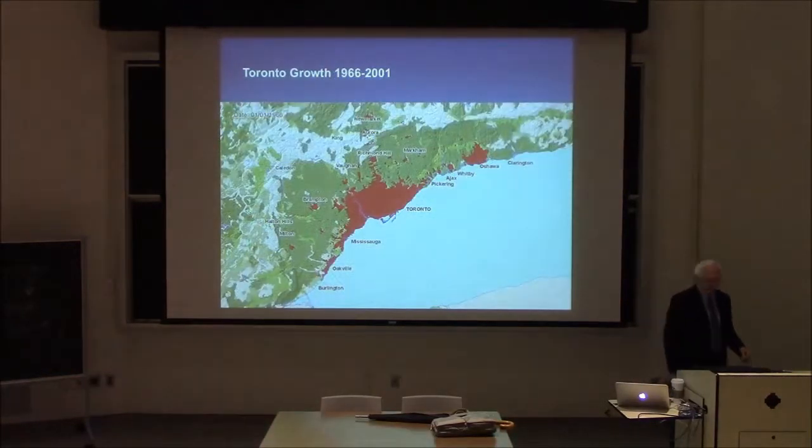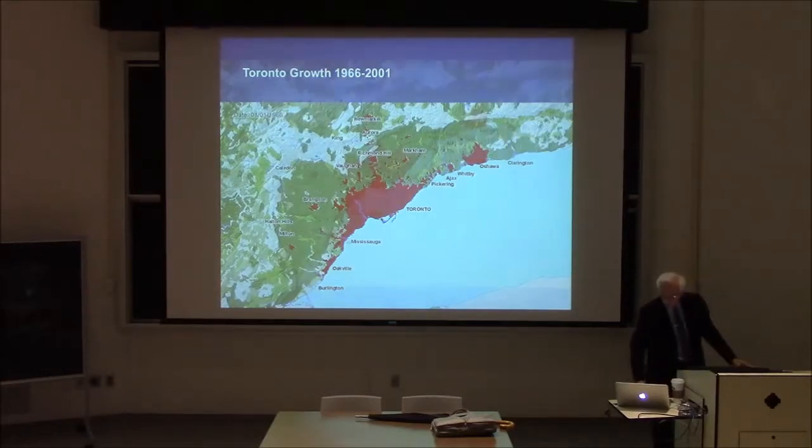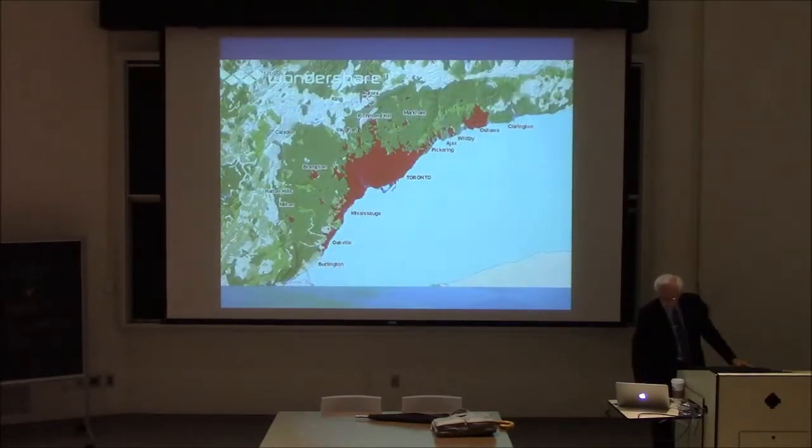My sister-in-law is a teacher, and she wanted to give kids in her geography class an exercise in what's happened to growth in Toronto. So the exercise we ended up getting to do was put together growth patterns in Toronto. And I have a little animation of this here. I hope it actually works. It worked a couple hours ago.